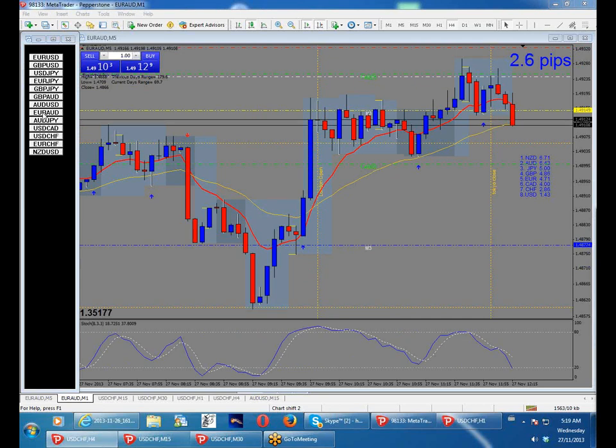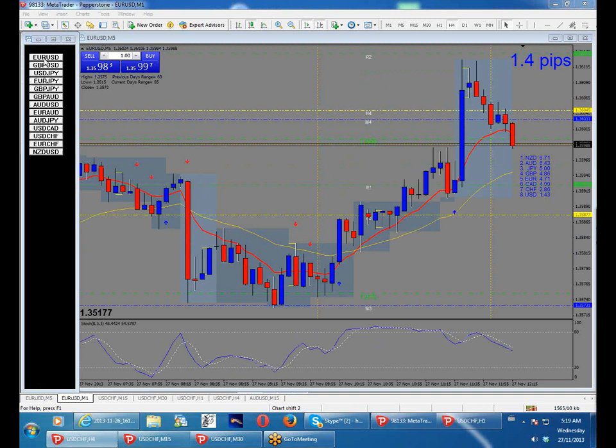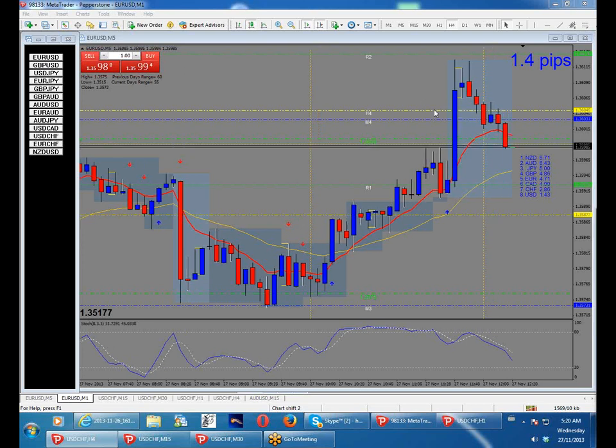This dollar is coming down for some reason. It's hit. EA short signal.